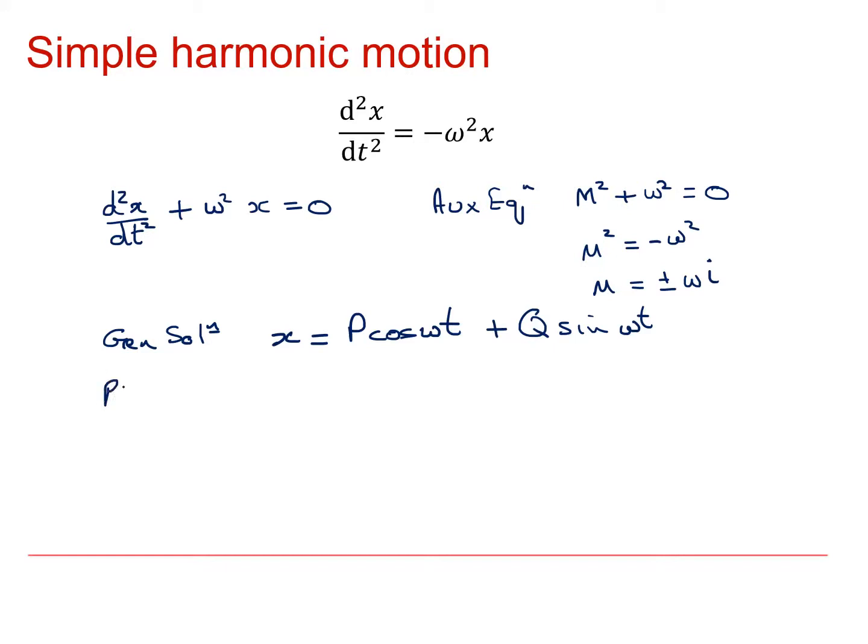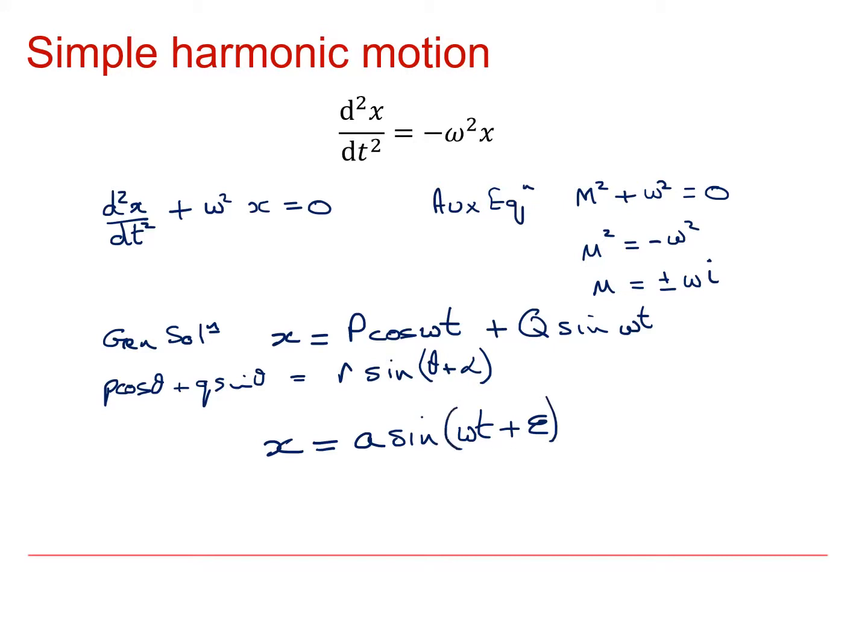Now we already know that if we have some cos thetas plus some sine thetas, we can transform that into a single sine curve of this form, r sine theta plus alpha. So we can rewrite the general solution as x is equal to some multiple of sine omega t plus something, and I'm going to call that something epsilon. And so there's our general solution for simple harmonic motion.